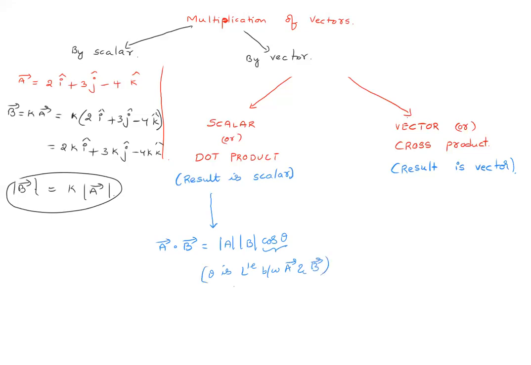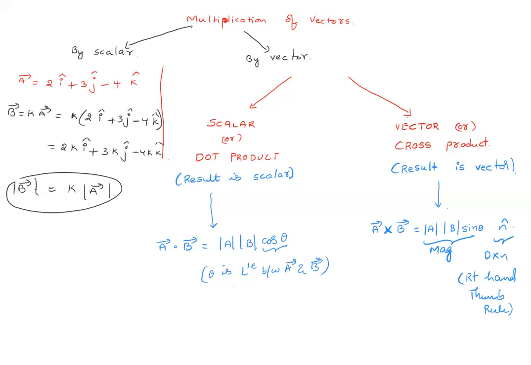And if you are talking of cross product, a bar cross b bar is mod a mod b sin theta into n cap. This part is your magnitude, and n cap is the direction, and it comes from right hand rule. We'll discuss in detail about this.